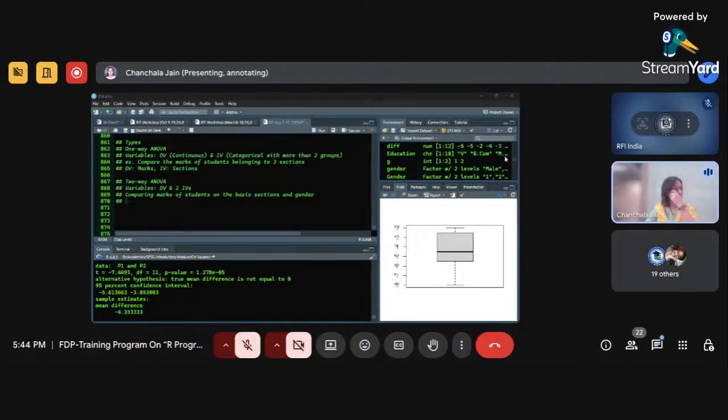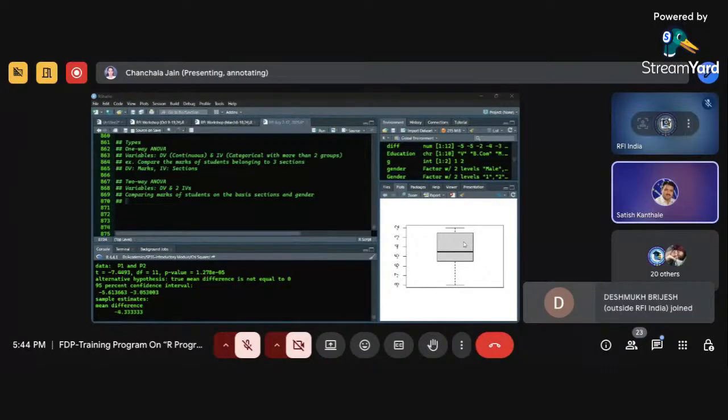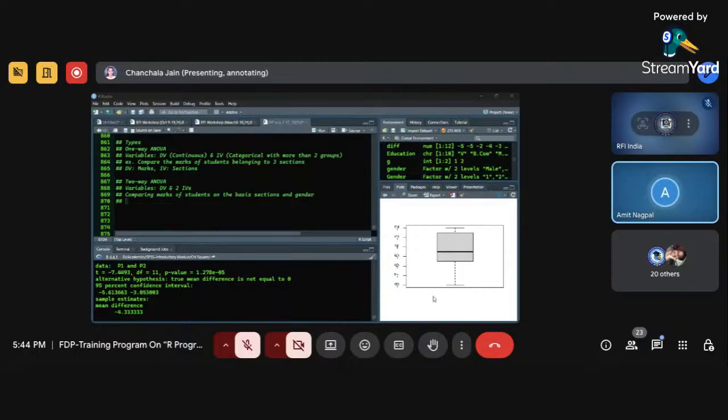No, I'm asking which will be the dependent and which will be the independent variable here. Section and gender are the independent variables, and the marks of the students are the outcome, the dependent variable. Very good. Thank you, sir.